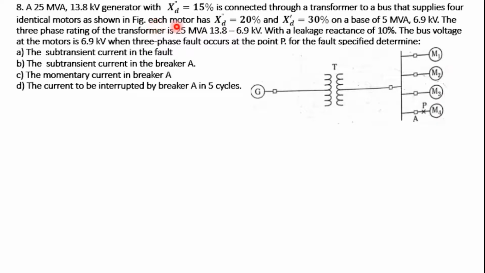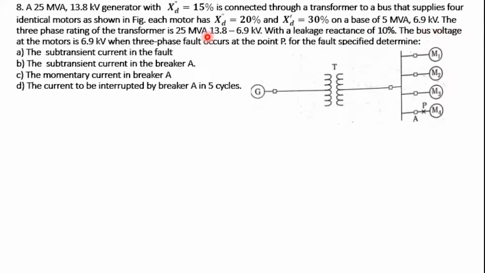Each motor has a subtransient reactance of 20% and a transient reactance of 30%, on a base of 5 MVA, 6.9 kV. The three-phase rating of the transformer is 25 MVA, 13.8 by 6.9 kV, with a leakage reactance of 10%.